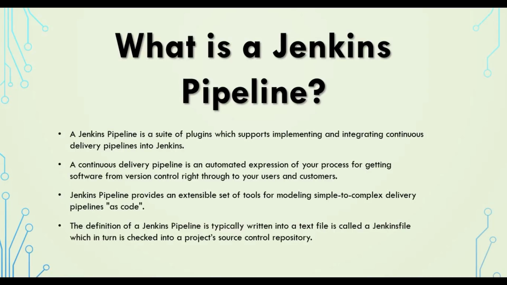All those things you are integrating with a lot of plugins, and you're writing those into an expression, so that it can go through like a pipeline or a process flow. That is what it's going to do as part of Jenkins pipeline. So a continuous delivery pipeline is an automated expression for your process of getting your software from version control right through to your users and customers.